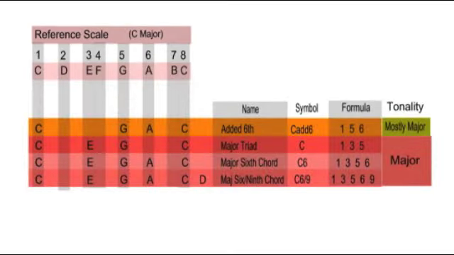Moving down the chart, the next element I wanted to include is the added 6th. As with many aspects of music theory, opinion differs as to how to name this element. Now there are many sources, particularly those based on classical training, that call this an added sixth chord.